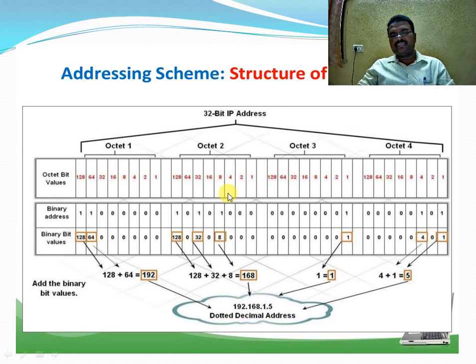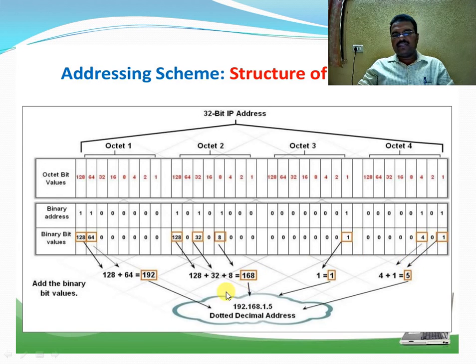For the second octet there is a one representing 128, again a one representing 32, again a one representing 8, and these three put together give 168. In the third octet only one is present, so we take 1. And in the last octet two ones are there: the first represents value 1 and the other represents value 4, so these two put together give 5.